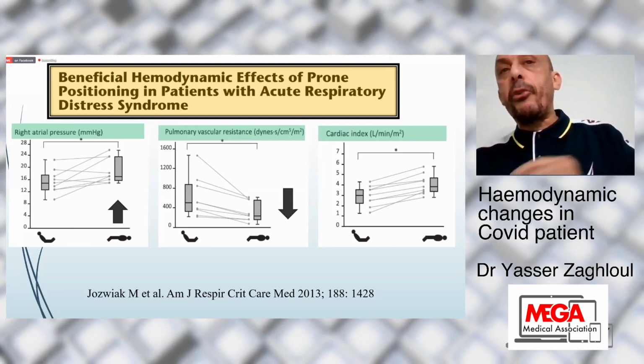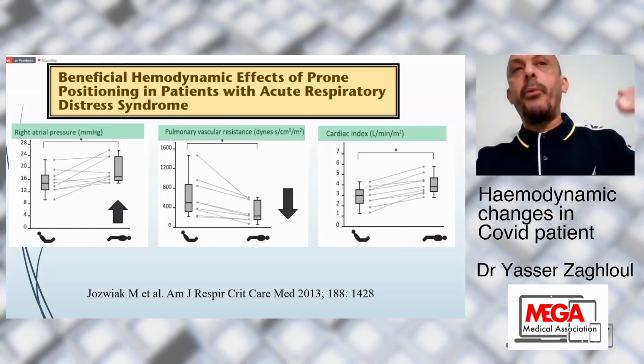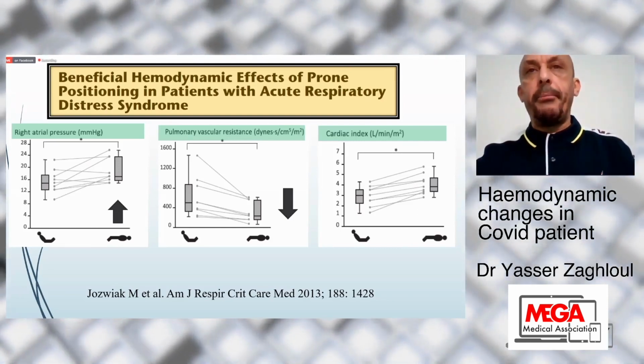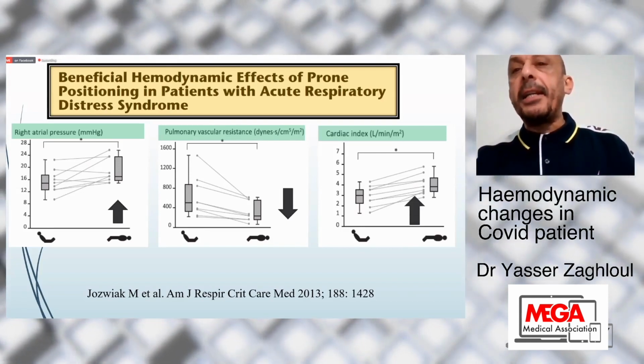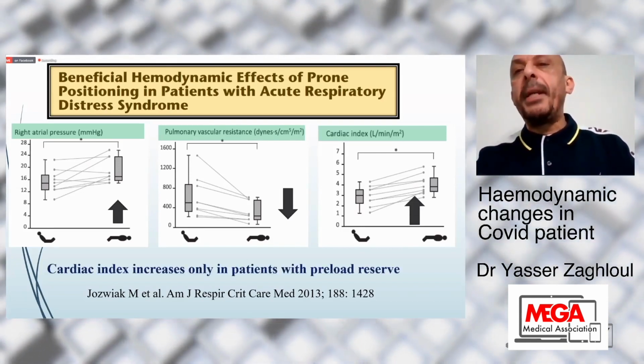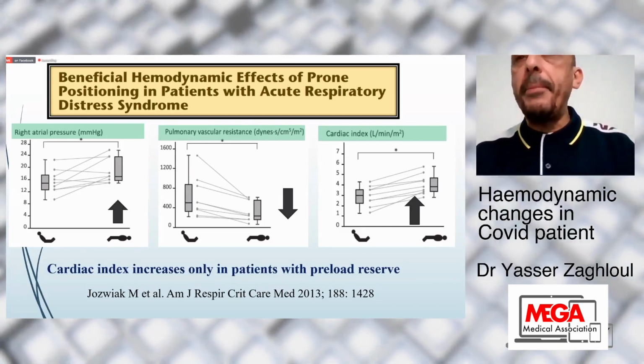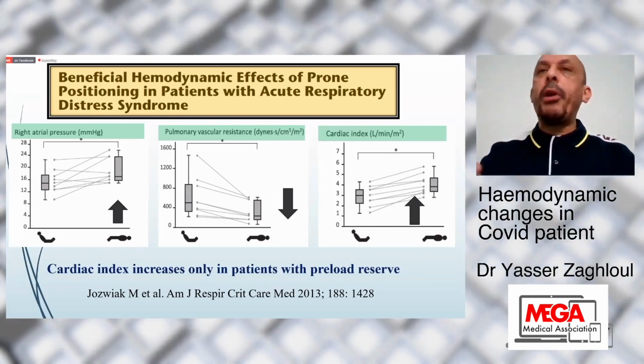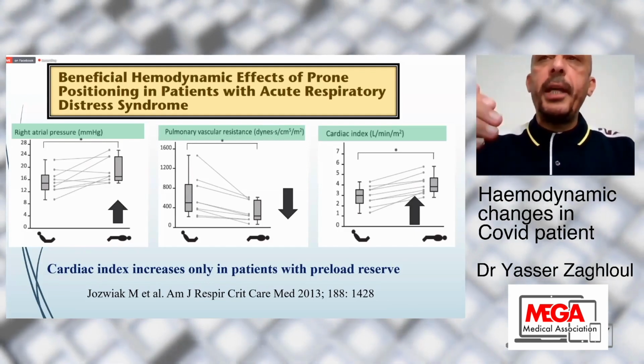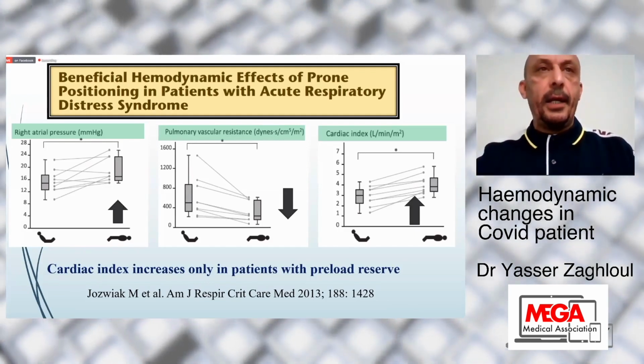Because of improved oxygenation with prone position, the pulmonary vascular resistance will be less. Cardiac index may increase in patients with preload reserve. That means if the patient is relatively hypovolemic or needs some fluids, he will respond in the prone position by increasing the cardiac index.